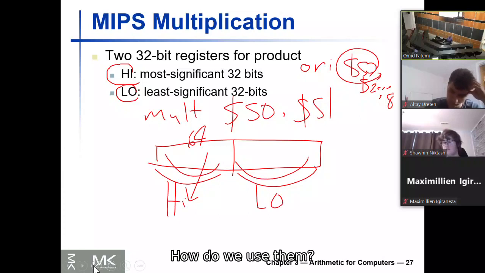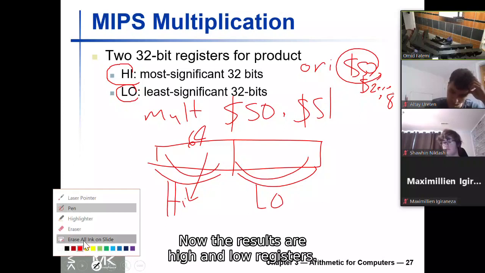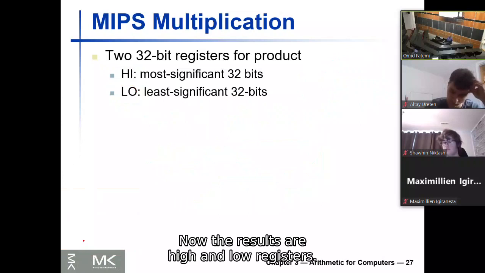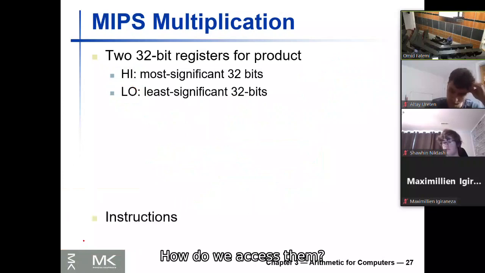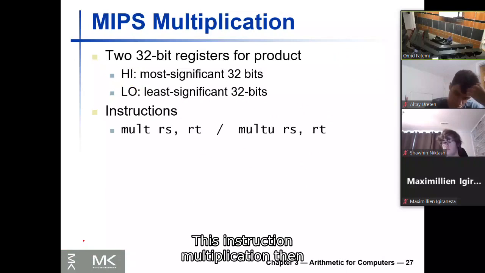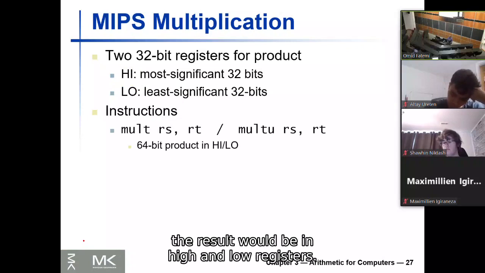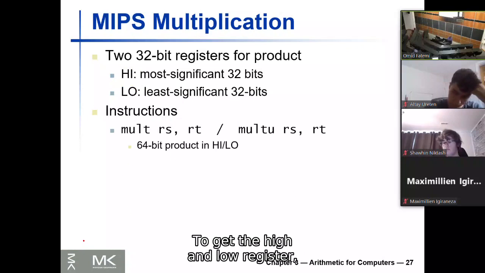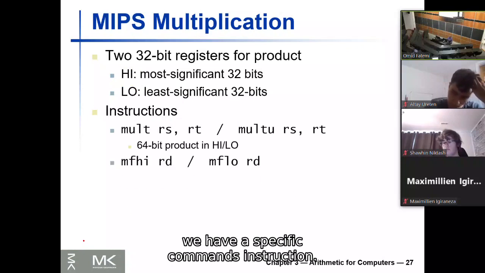So how do we use them? Now the results are in the high and low registers. How do we access them? So this is the multiplication instruction, and then the result would be in the high and low registers. To get the high and low registers, we have specific instructions: move from high and move from low.